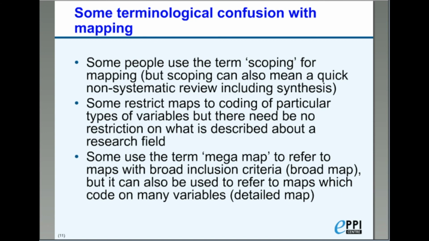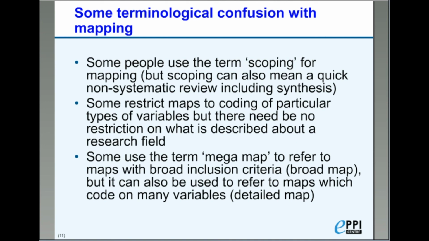So I hope this brief presentation has given you some idea about how important and how useful systematic reviews can be. But I wanted to finish just by referring to some terminological confusion. There is this term in the literature called scoping, and some people just use the word instead of mapping.